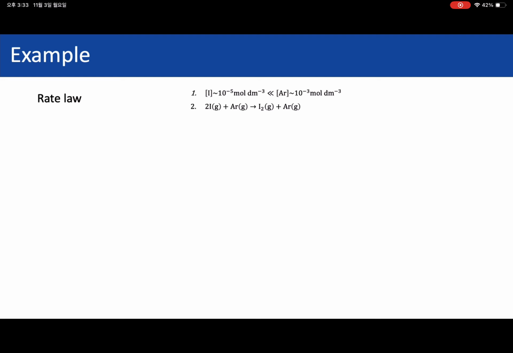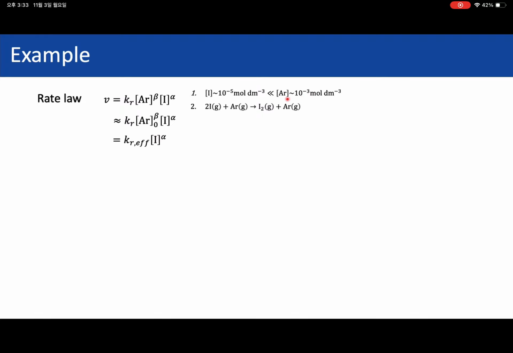If you recall the data, the order of the initial iodine concentration was 10 to the negative 5, while the concentration of argon was 10 to the negative 3.